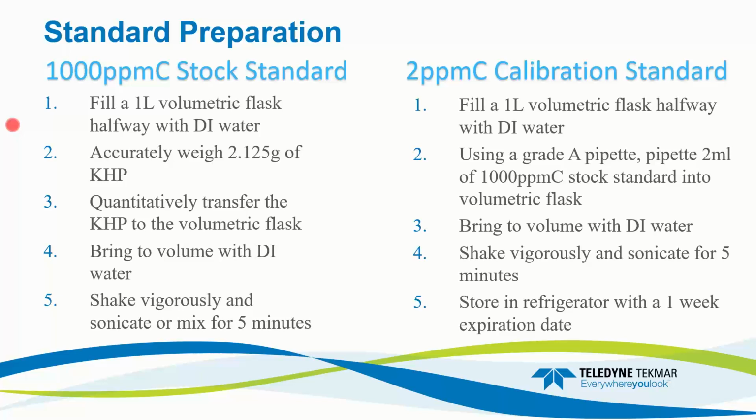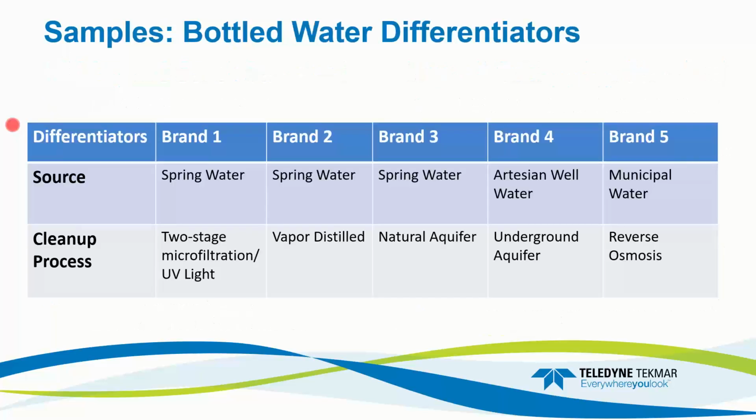So as we go through and look at this study, we'll utilize a lot of the features of the system itself. For the stock standards, you can purchase the KHP, the potassium hydrogen phthalate, from most chemical vendors out there. So it's a pretty off-the-shelf chemical, nothing special that you may or may not need.